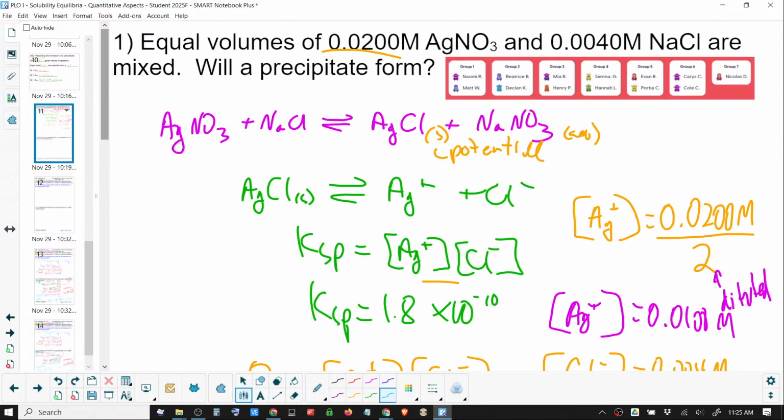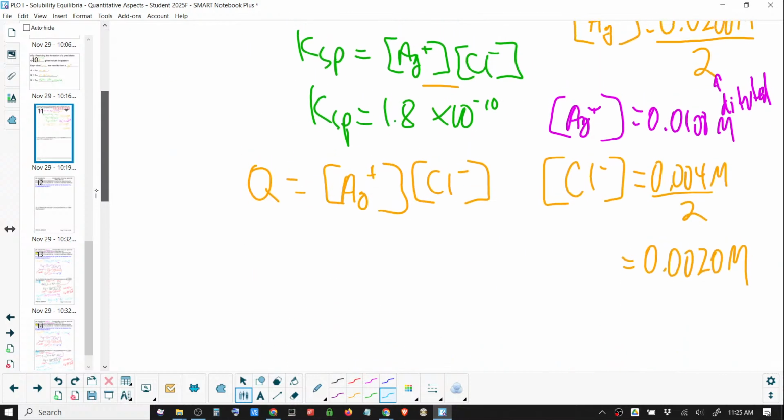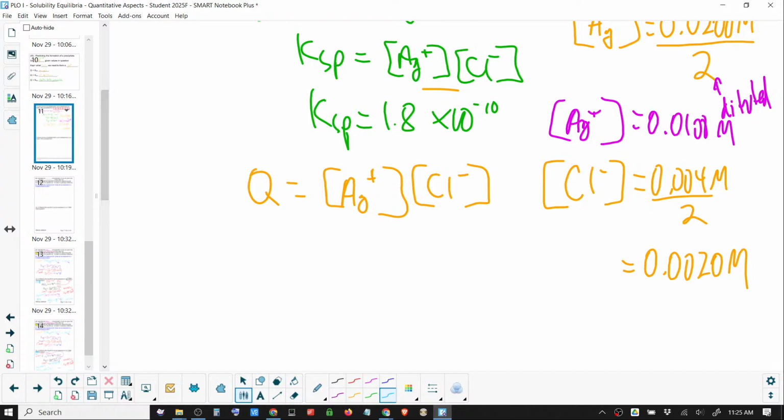The Cl was also diluted. Equal volumes were mixed. And then you multiply them together. 0.0040 molar times 0. No, yeah, I was reading off the wrong thing.